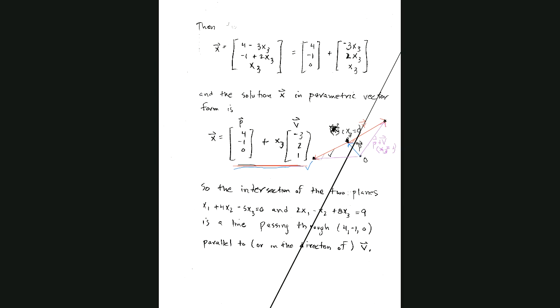This is P minus V. And so that point, I'll put it in black, x3 equals -1. So you can see what's going on here.